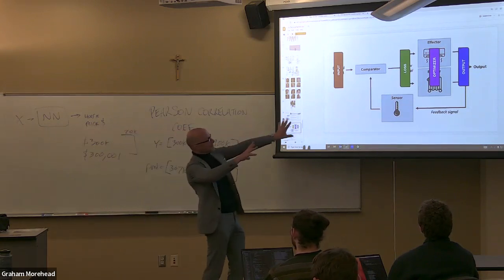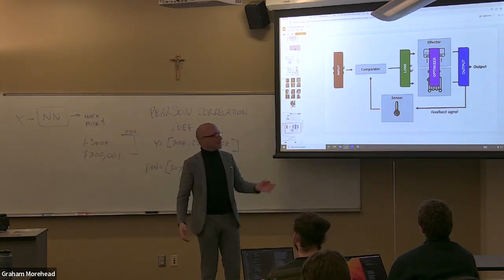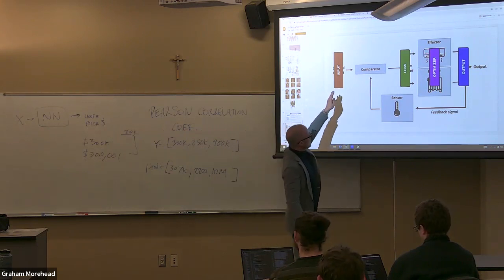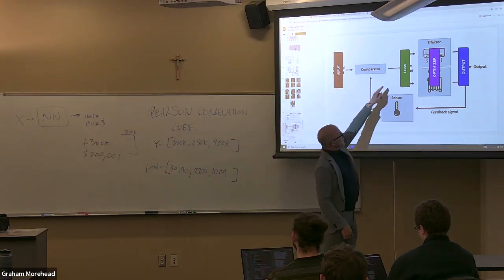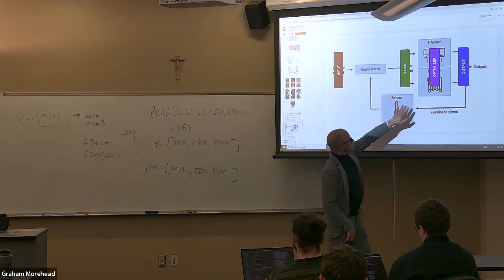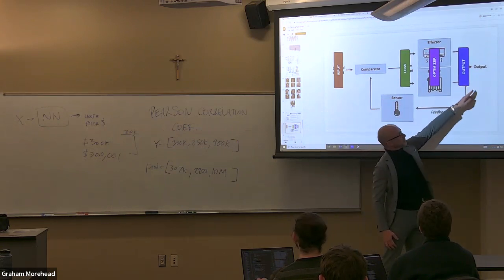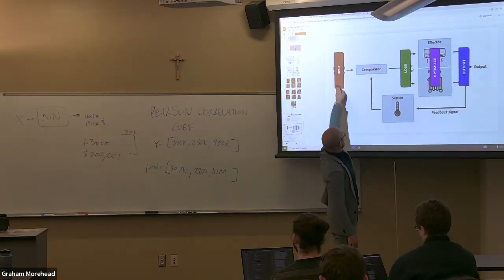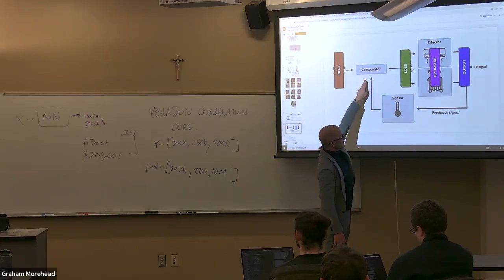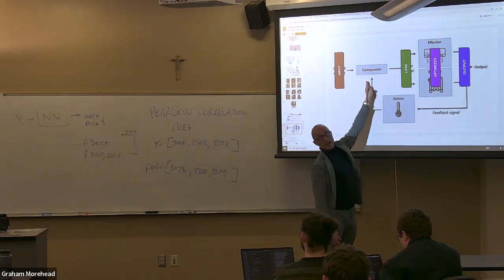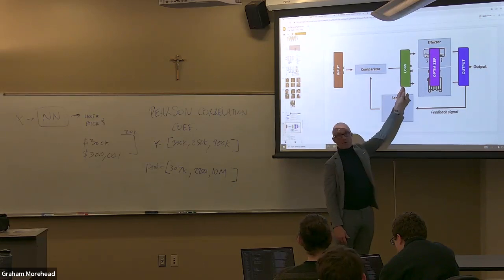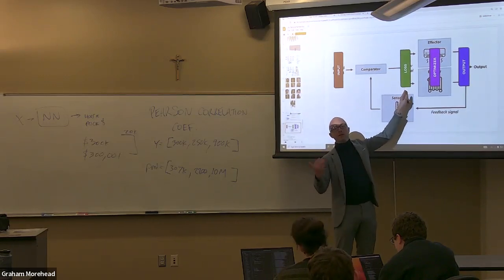So again, going back to the model of a thermostat, remember, you have some input. The output is a real temperature, right? And you have some desired temperature you want it to be. The error is your loss. Maybe you want the temperature to be higher, maybe lower.